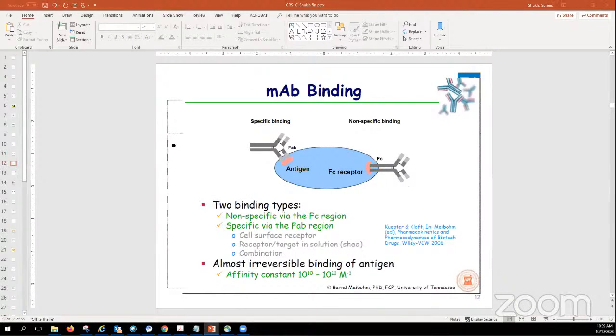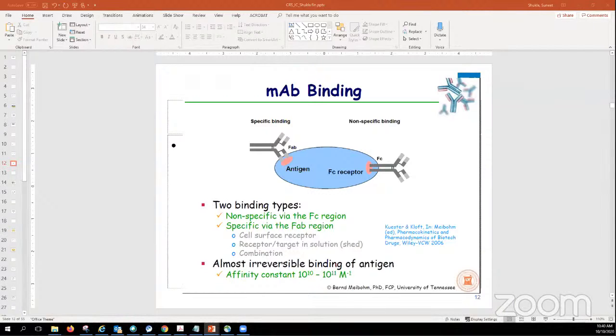In terms of the binding of antibody to the receptor, as I mentioned in the structure, the FAB region is the one which identifies antigen on the cell surface, and the FC region is the crystallizable region which accounts for the non-specific binding. So there are two types of binding: the specific binding and the non-specific binding.